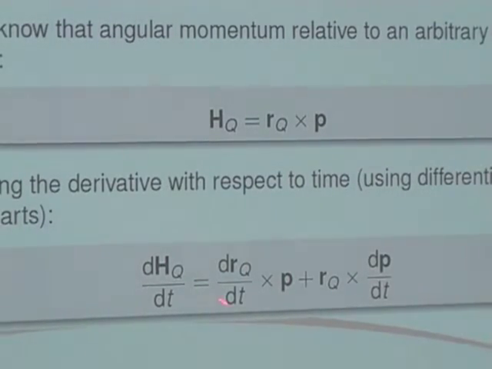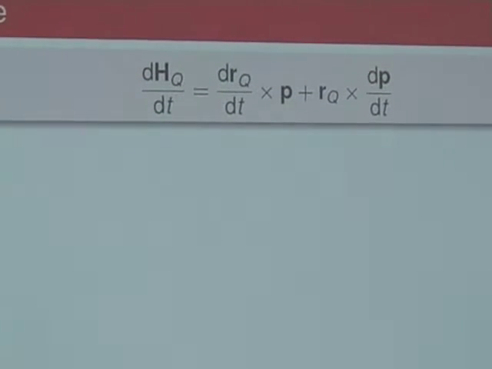Because the velocity of that particle and the momentum of that particle are always going to be in the same direction. So that term just drops out. And so the derivative of angular momentum is just r_q cross the derivative of momentum with respect to time. Okay. And what's the derivative of momentum with respect to time?